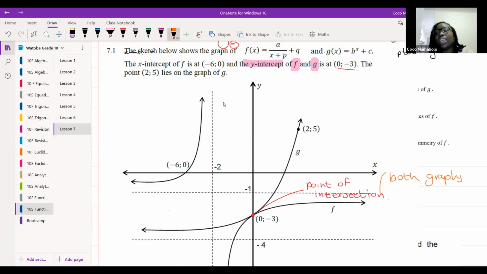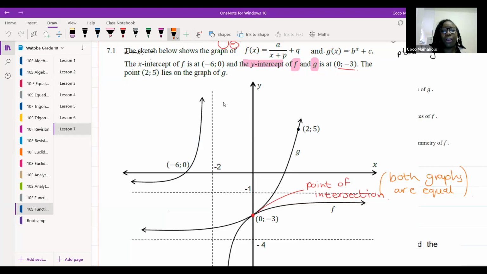Both graphs are equal. Excellent. So we've got a lot of stuff that they've already told us about what we're about to answer here. And we need to know that. Very well done, guys.